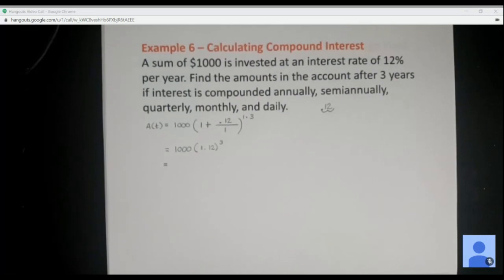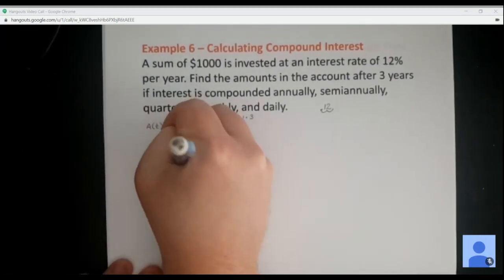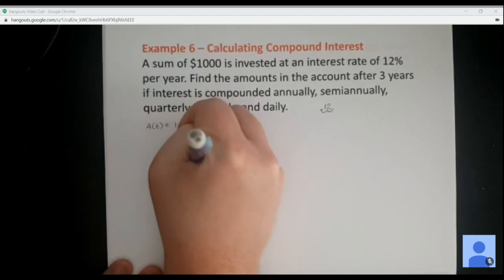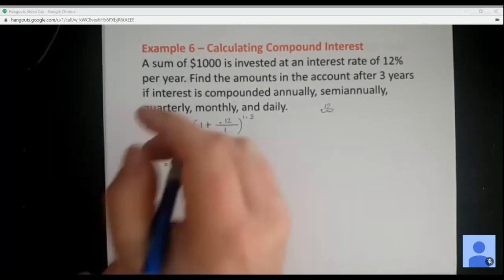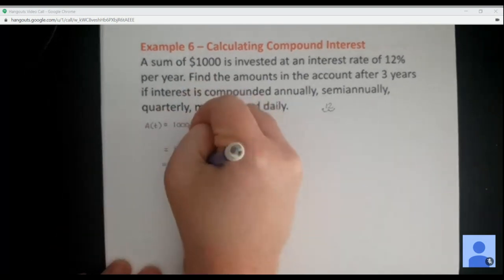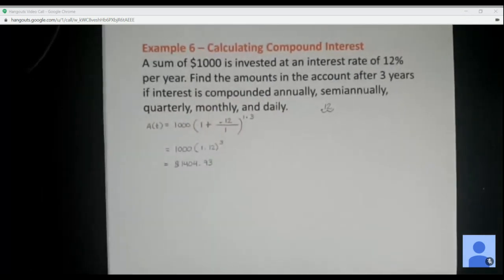Okay, so 1404, and then if we round it this time, because we're dealing with money, what should we round to? Two decimal places, right? Okay, because we're going to round to the nearest cent. And so if we round this one off, that should round to 93 cents this time. So $1,404.93.